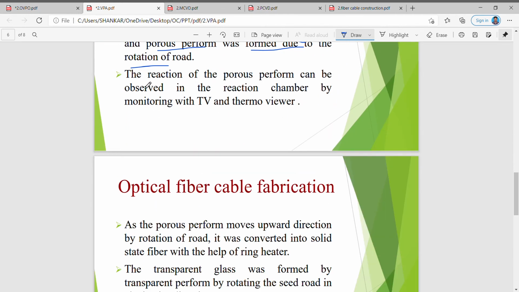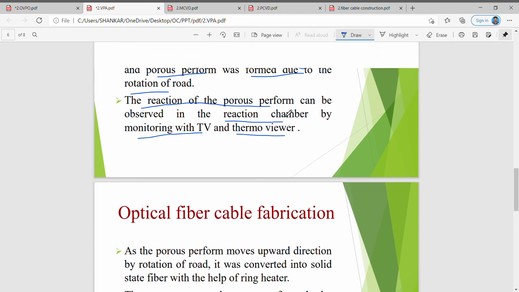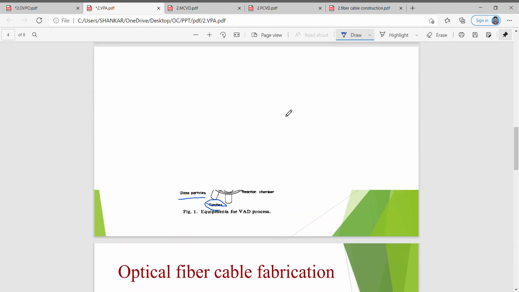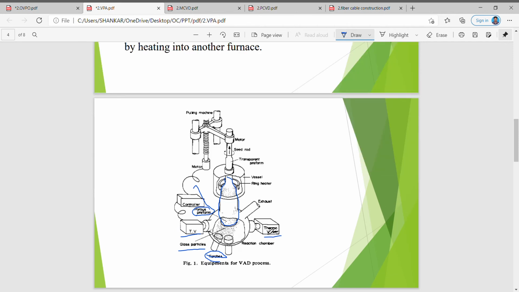Whatever the reaction of the soot preform, that reaction can be observed in the reaction chamber by monitoring with the TV and thermoviewer. We use the TV and thermoviewer to observe the reaction of this soot preform while rotating the rod.